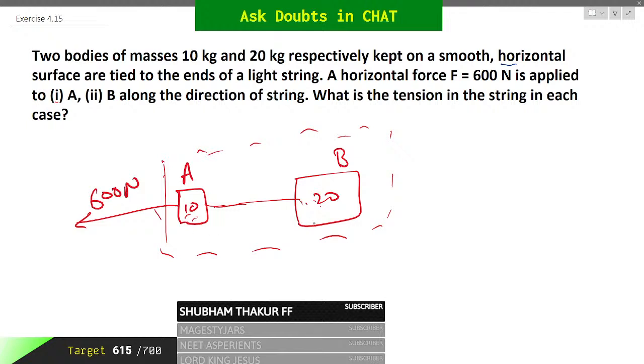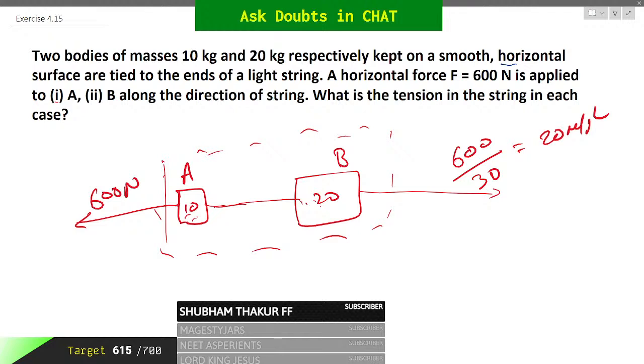Now this system is of 30 kg and the force applied on the system is 600 Newton. So we can calculate the net acceleration by dividing the force by the mass. That is, we will get an acceleration of 20 meter per second square. Now this acceleration is going to be the same in both the cases, either you apply a force of 600 Newton on A or on B, because the system would be the same.